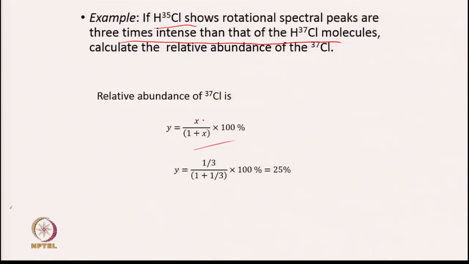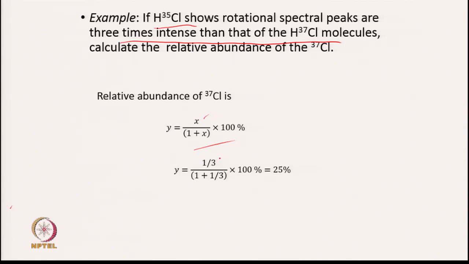So, y will be given by x divided by 1 plus x into 100%, and since it is given that H35Cl has a peak 3 times more intense than H37Cl, what that means is that the H37Cl peak intensity is 1/3 of the H35Cl peak intensity, and so x is equal to 1 by 3.